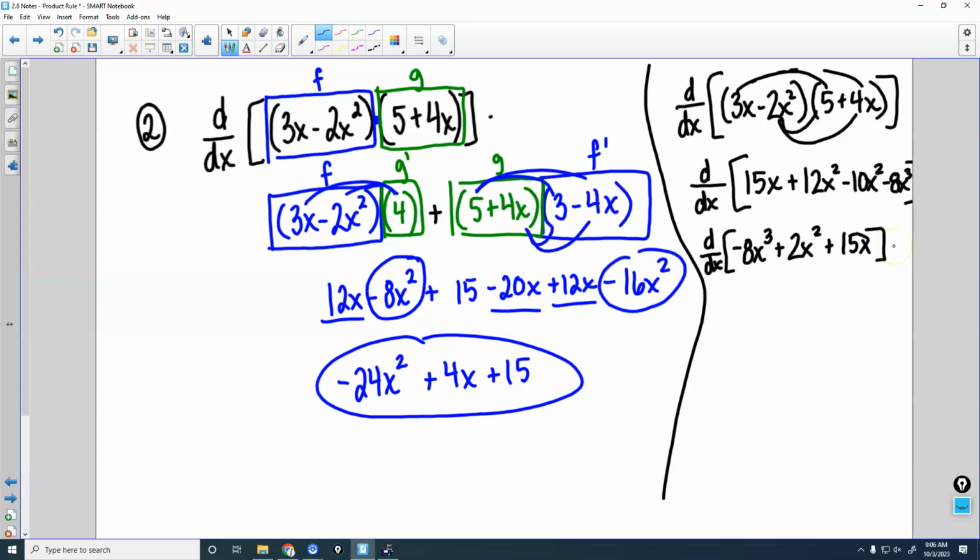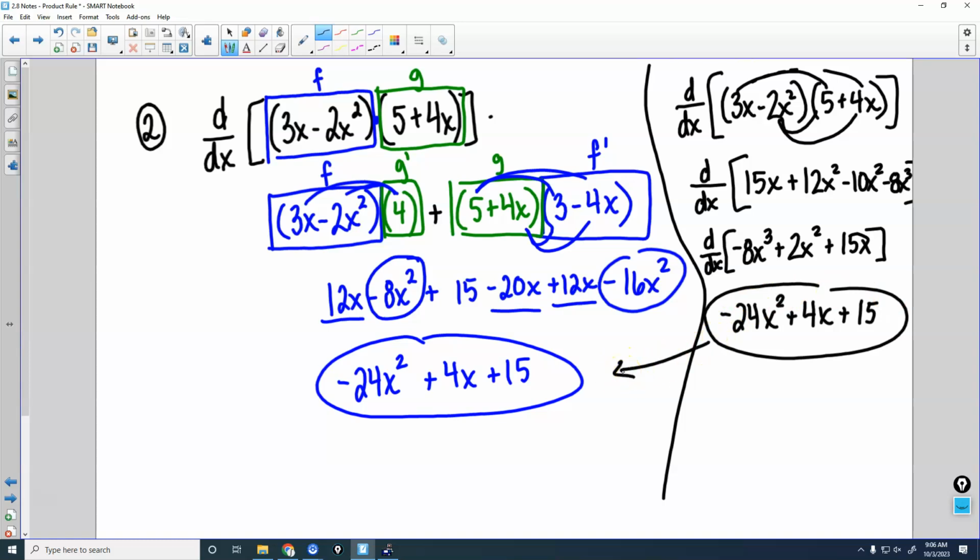So you can multiply it together first. Then you just use power rule, which gives you negative 24x squared plus 4x plus 15, which is what you had over here as well. So you don't necessarily have to use product rule on that one, but if you're going to use power rule, you've got to multiply it together first.